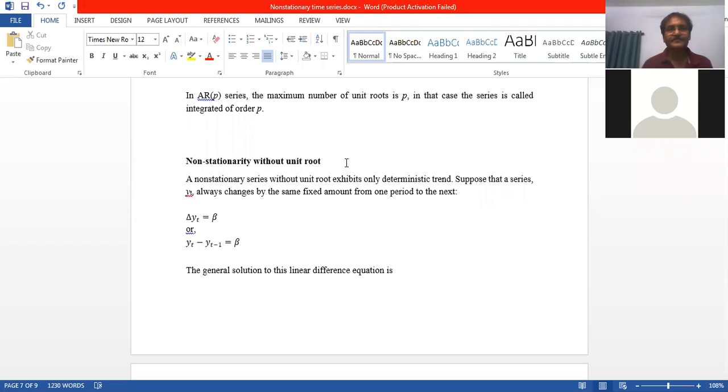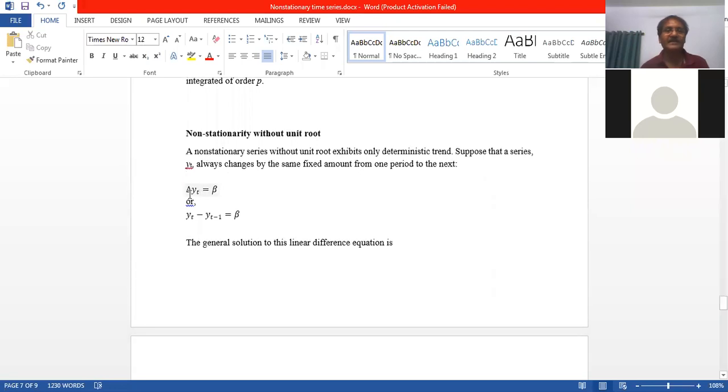When the trend component is deterministic, then it is called deterministic trend. Very simple. How do we define trend? We have defined trend earlier just by looking at the changing value of y over time, that is delta yt. Delta yt is the trend. So if this trend is constant, that is, no component of the random variables, suppose delta yt is equal to beta.